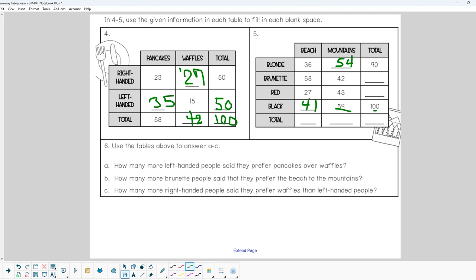All right, so now we can add all the numbers in the first column. That would be 36 plus 58 plus 27 plus 41 for a total of 162.